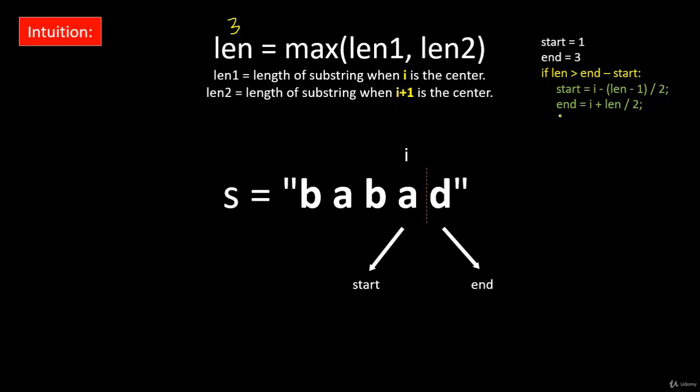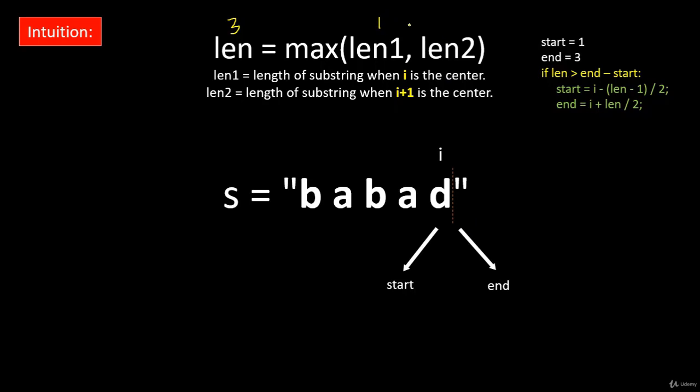Then for the next iteration, i will point right here at D, and the longest palindromic substring here is 1. And we can't expand start and end at this center because on the right we have no character. Then our next center is this, and right here we have no element on the right side, so the length of the longest palindromic substring at this center is 0.